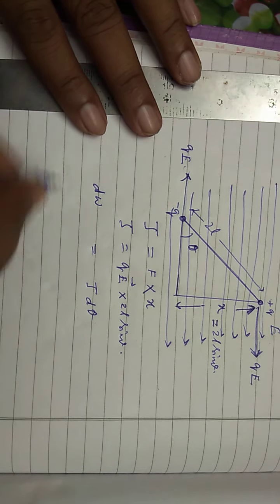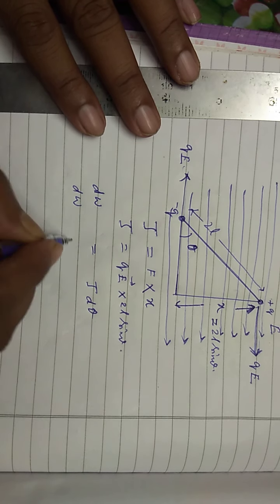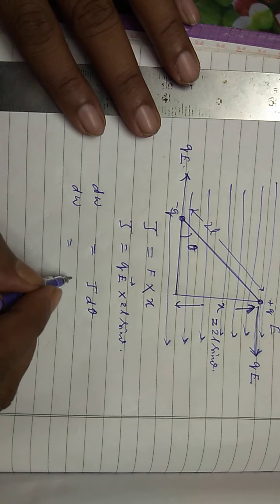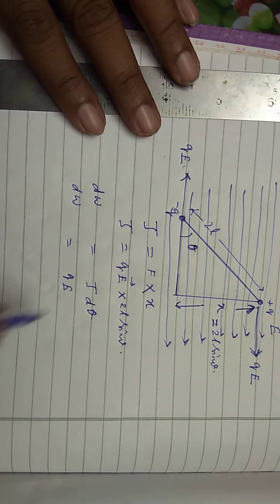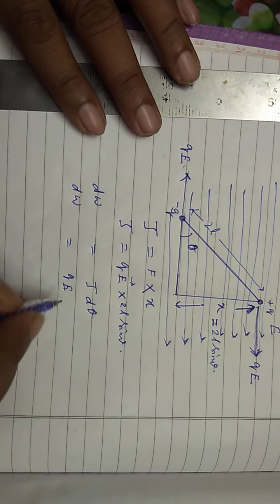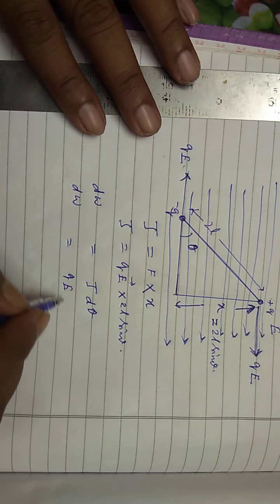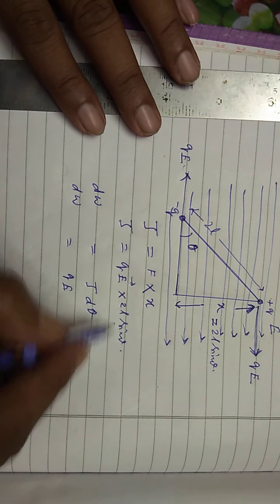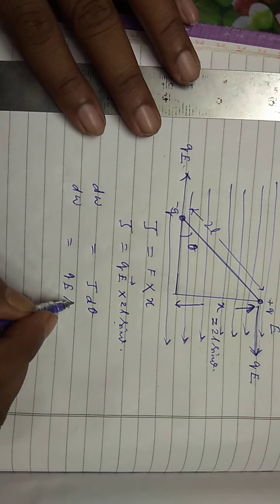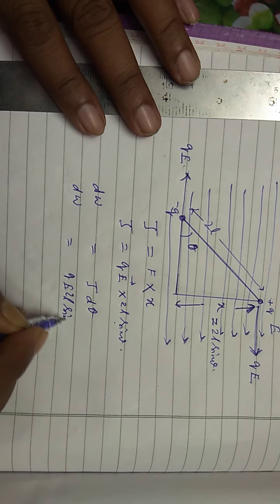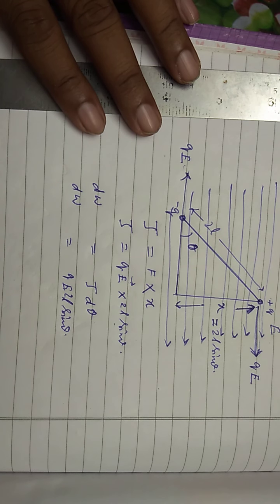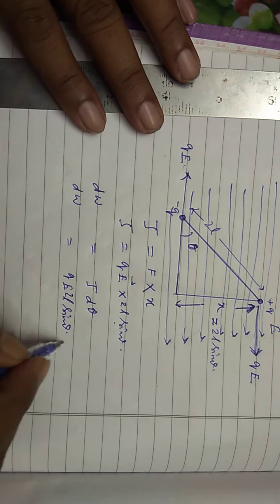That is, the small work done is going to be QE, removing the vector sign, it is not required here just because I have used sine theta, 2L sine theta into d theta.